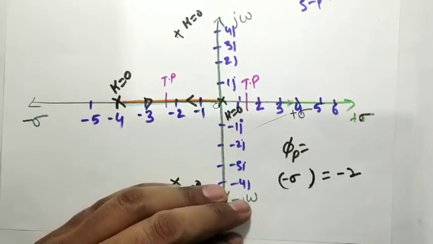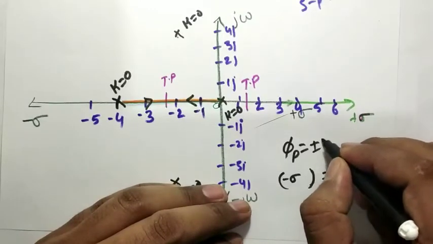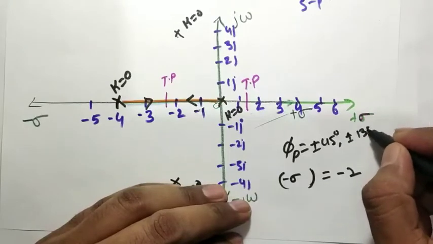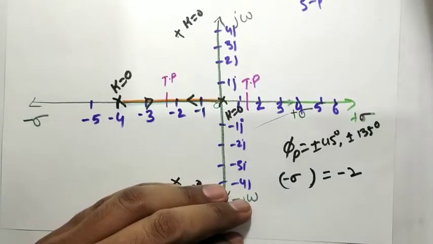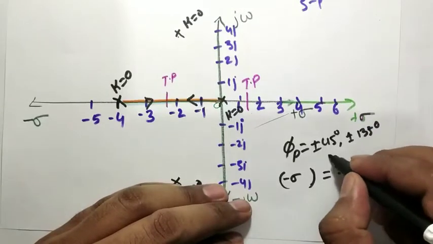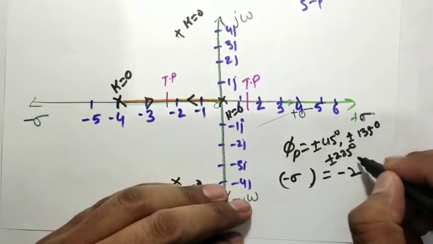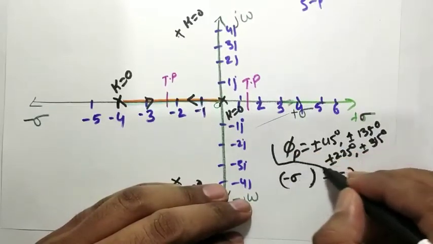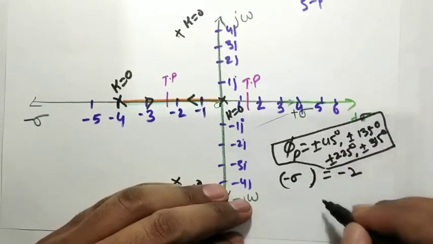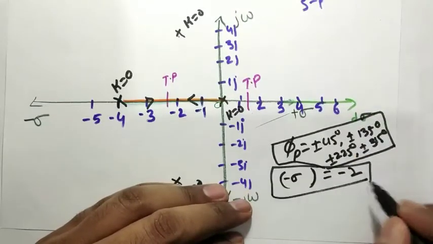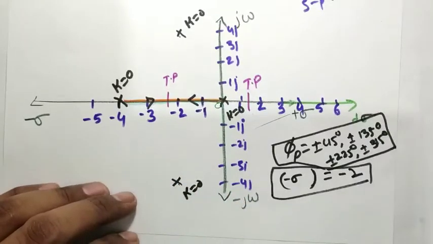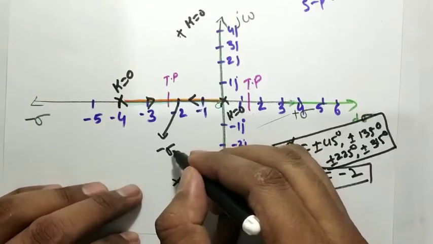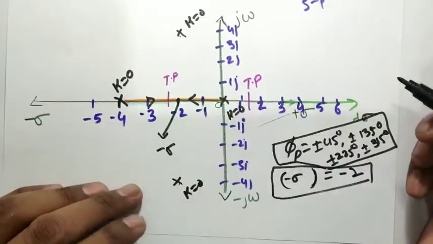Your asymptotes are plus or minus 45 degrees, plus or minus 135 degrees, plus or minus 225 degrees, and plus or minus 315 degrees. These are the asymptotes. The centroid is minus 2, and from this point you have to draw the asymptotes.